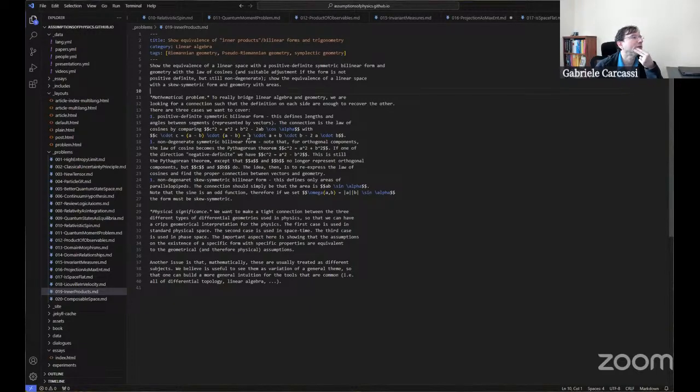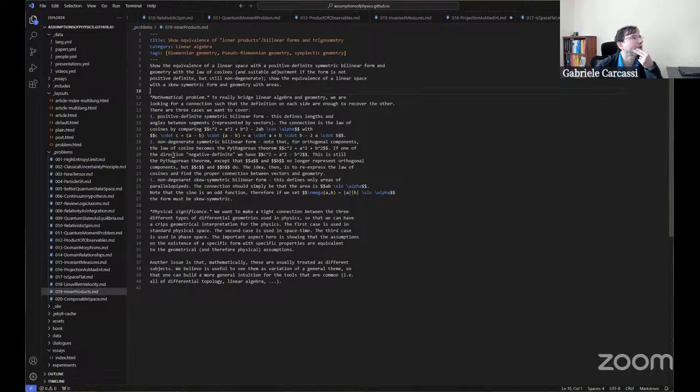Second, a non-degenerate symmetric bilinear form. Note that for orthogonal components, the law of cosine becomes the Pythagorean theorem, c squared equals a squared plus b squared. If one direction is negative definite, I think I just wanted a nice write-up for all this, because these should be pieces that are already there. We have c squared equals a squared minus b squared.